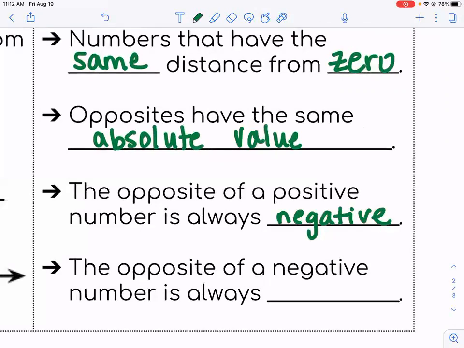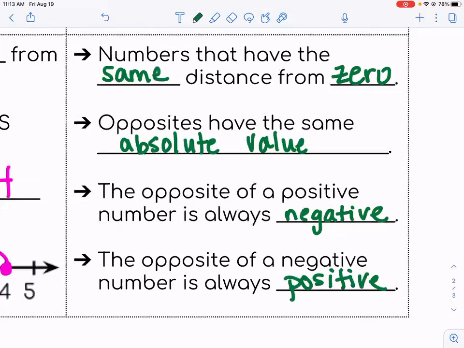If I give you a negative number, like negative 15, and I ask you for its opposite, well, then its opposite is going to be a positive number. My goal is that every day you can feel confident to be able to do these problems, okay?